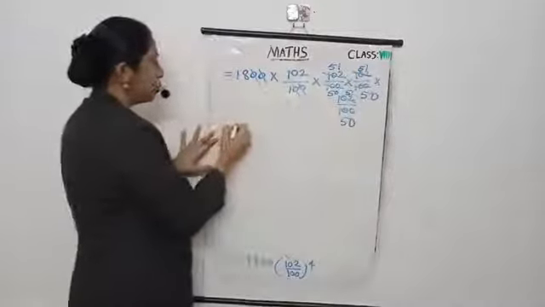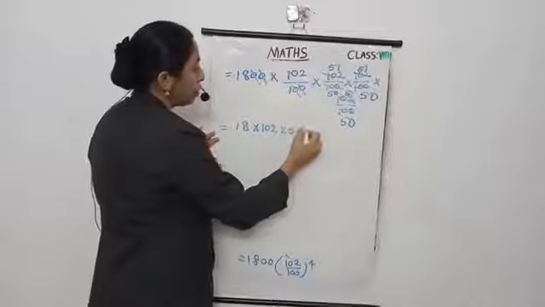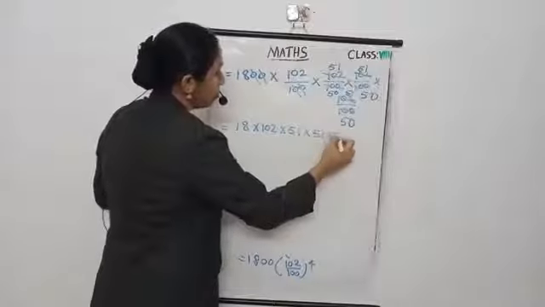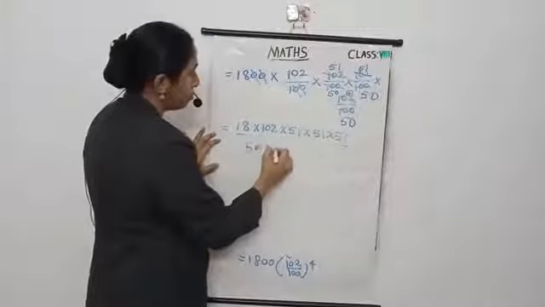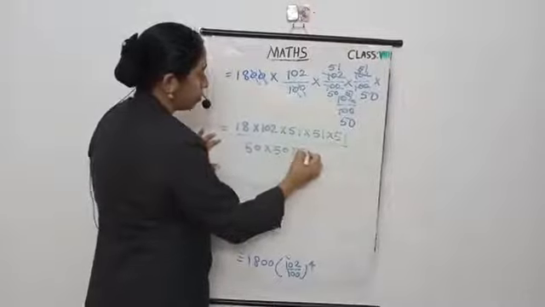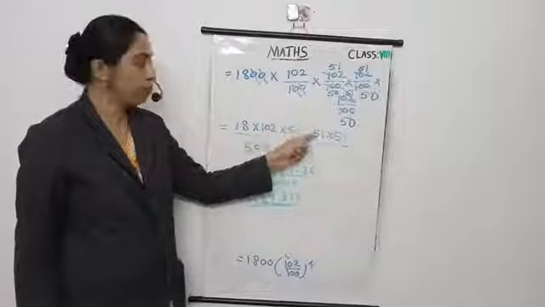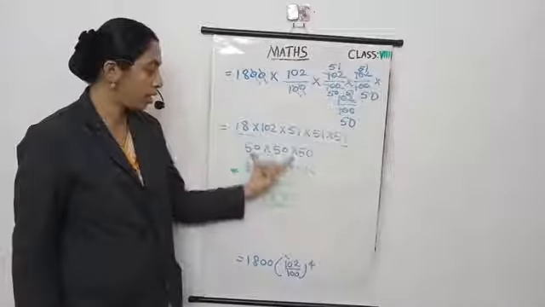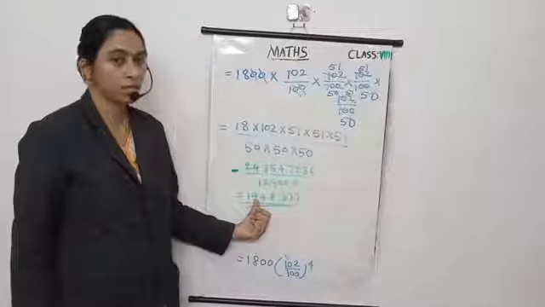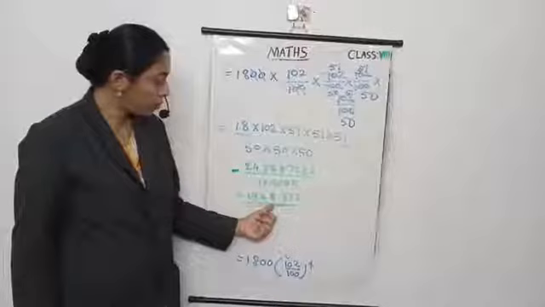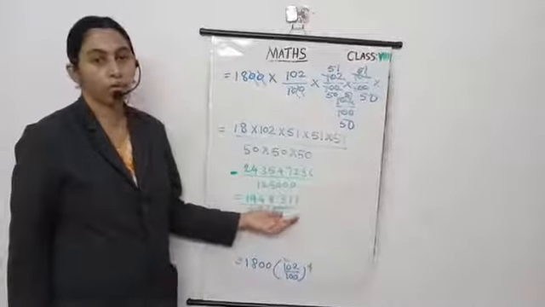That is, this is equal to 18 into 102 into 51 into 51 into 51 all divided by 50 into 50 into 50. So multiply 18 into 102 into 51 into 51 into 51, we get this number, divided by the multiplication of the denominator, and the final answer is 1948.377. So this is the final amount they get.